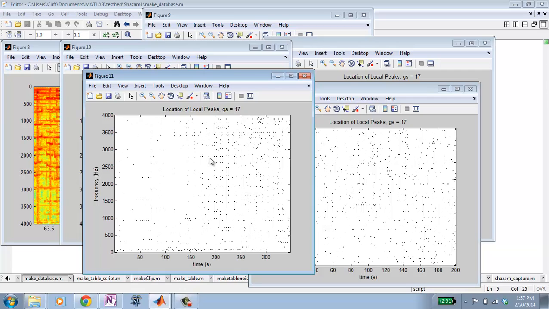Several different time-frequency pairs might be saved in the same list in the table. And that's what a hash function generally does. It's a mapping from a bigger space to a smaller space, where you get a lot of collisions. Now you don't want the collisions, but the reason for doing that is to have a smaller size table to store.